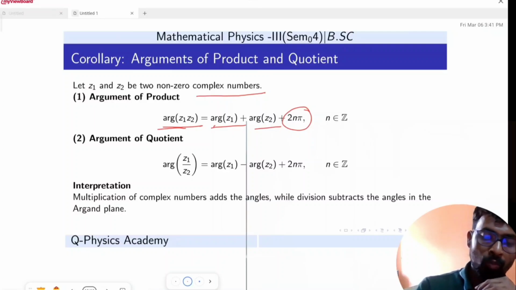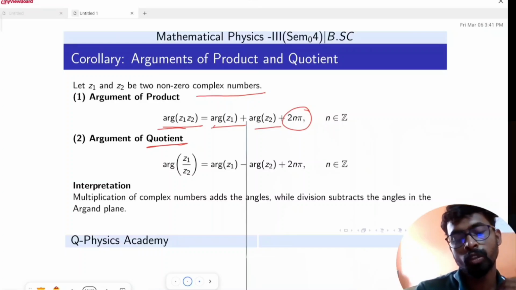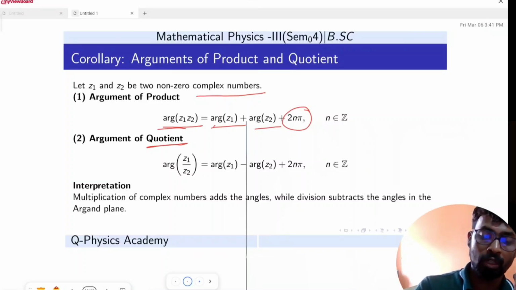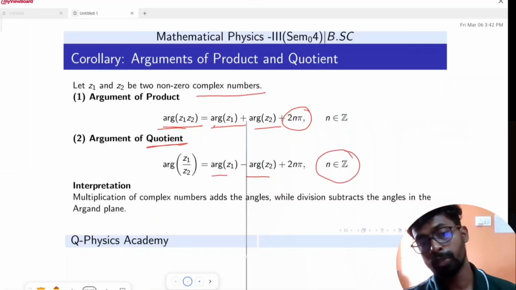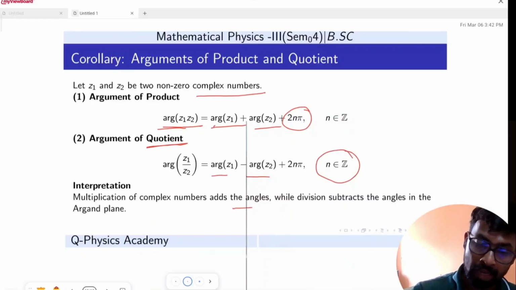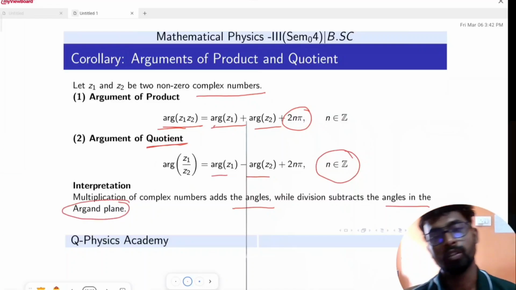And then the argument of the quotient, z1 by z2, is nothing but the argument of z1 minus the argument of z2 plus 2n pi, with n the same kind of value. These are the two important cases. So multiplication of complex numbers adds the angles, and division subtracts the angles in the Argand plane.